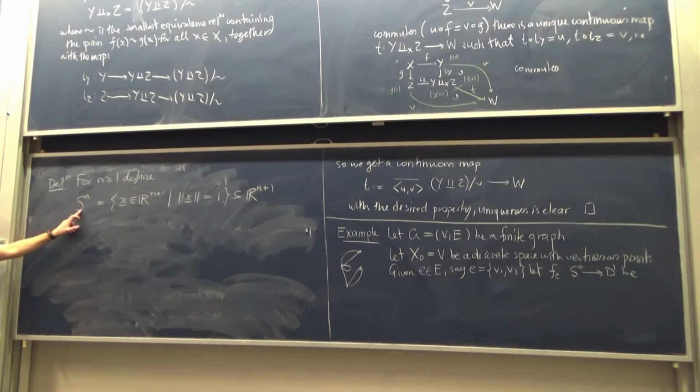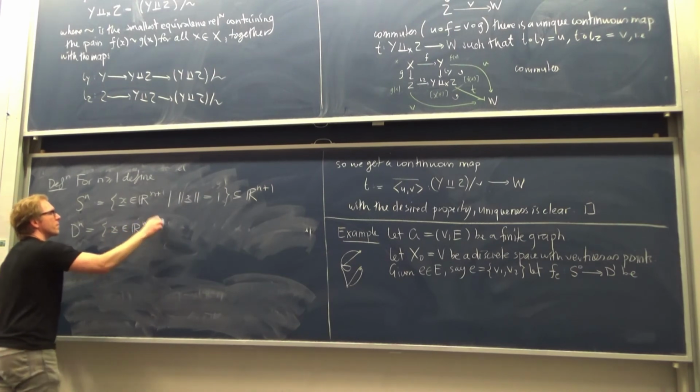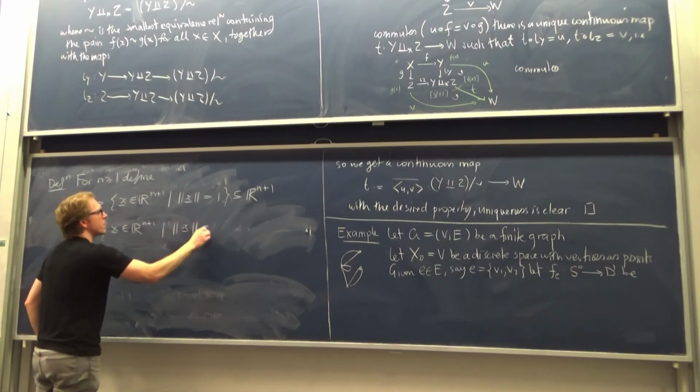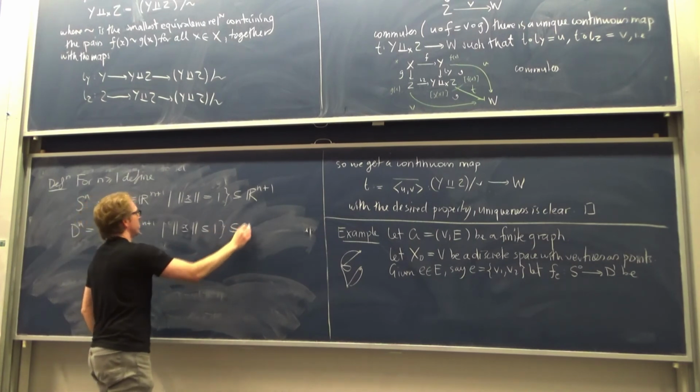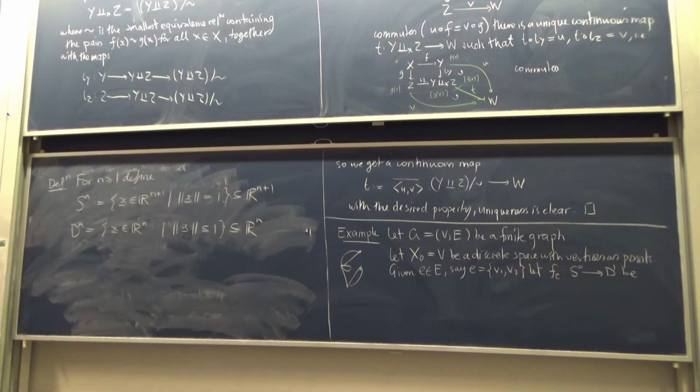We haven't defined dimensions of topological spaces, but take the intuitive notion you have of dimension, and that's what the integer here is telling you. Similarly for the disk. The n-disk is again n-dimensional and sits inside R^n.